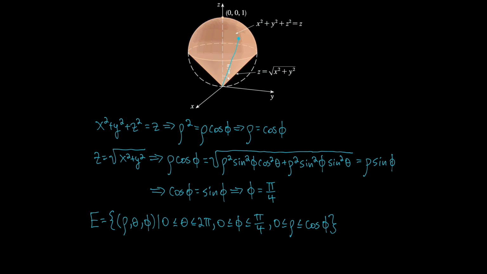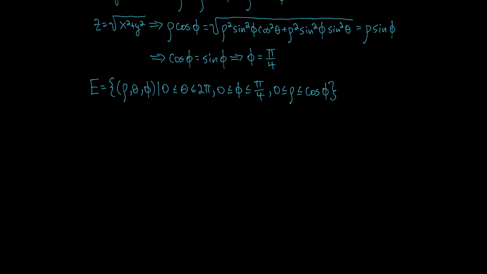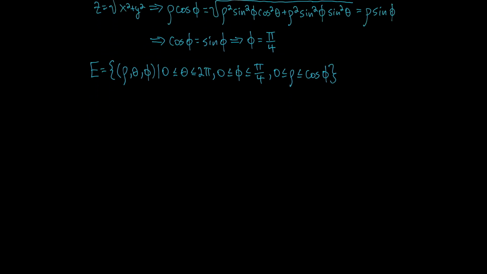So we end up with this slice over here. So this slice fills in as we integrate first with respect to rho and then with respect to phi. Then we finish our triple integral by integrating with respect to theta, and we rotate all the way around. So we rotate like this, and our little slice fills up this volume. So that's what's going on here. We'll first integrate with respect to rho, then phi, and then theta, and we'll fill up our volume.